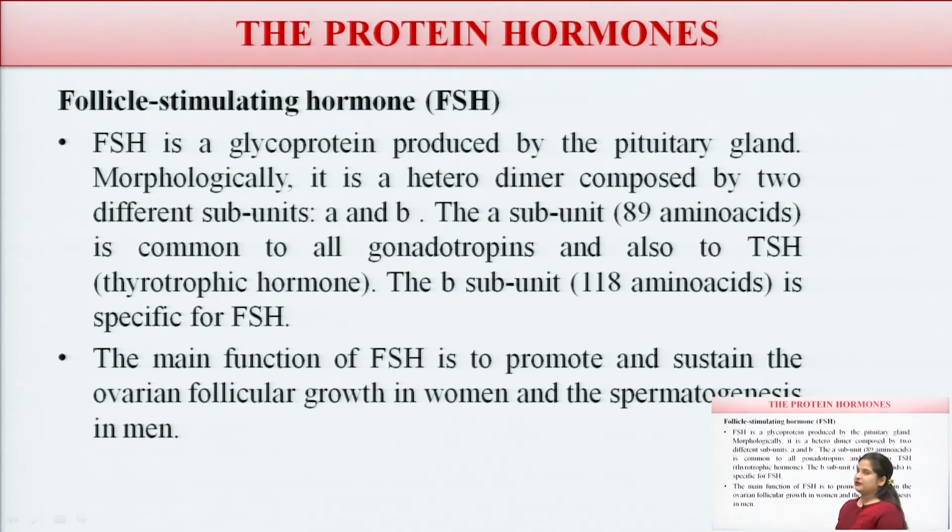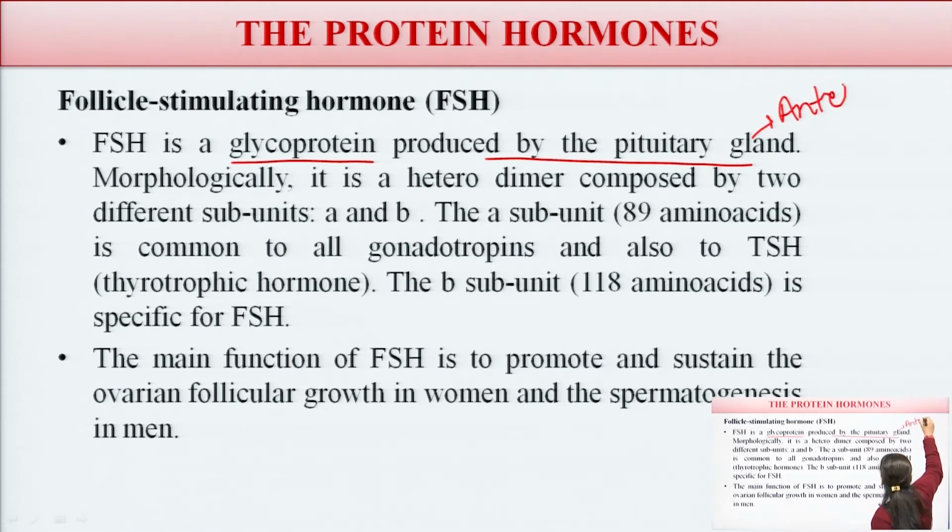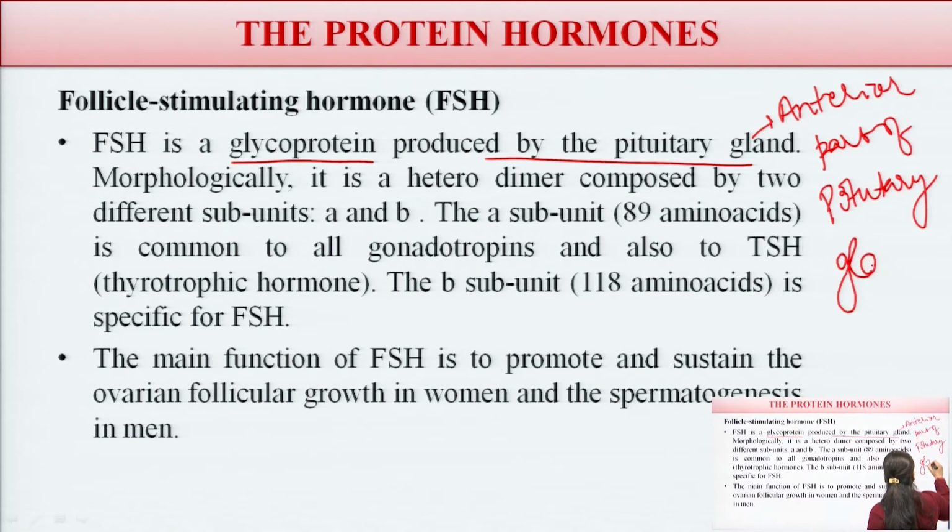Now, start with FSH, the follicle stimulating hormone. This is a glycoprotein, because it is part of the protein hormones. It is a glycoprotein produced by the anterior part of the pituitary gland.